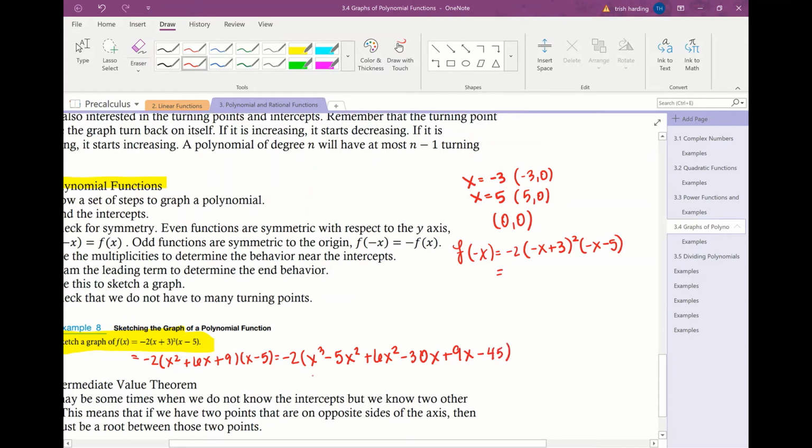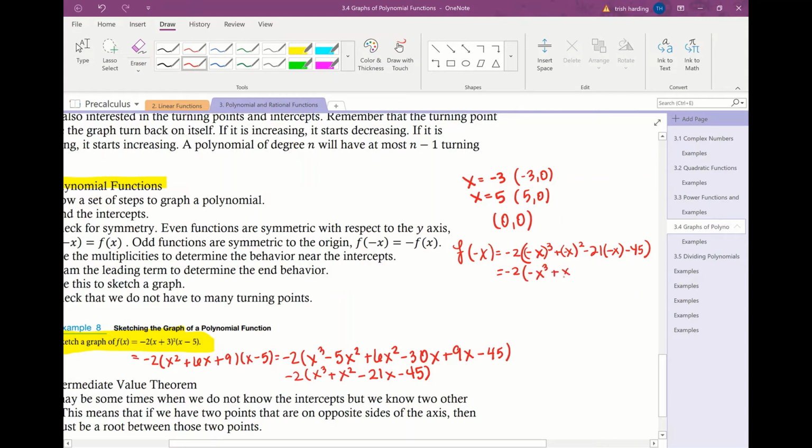So let's see what we can do. We're going to keep that -2, so we have -2x cubed plus x squared minus 21x minus 45. Now when we put -x into that, we will get, remember, it's an odd power, so the negative can come out front.